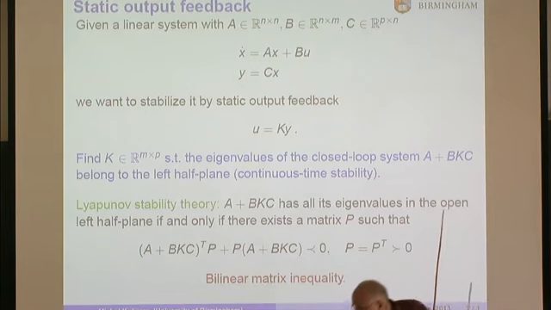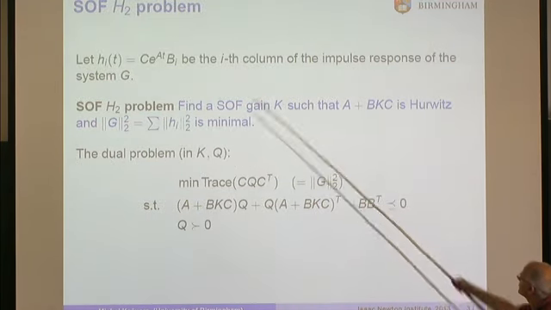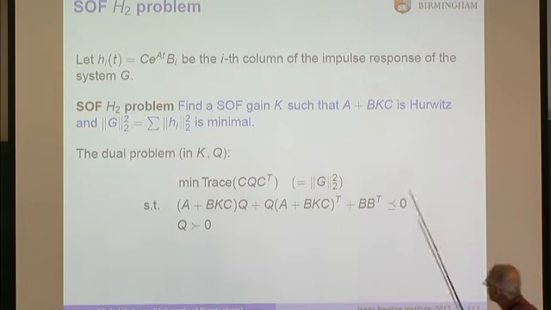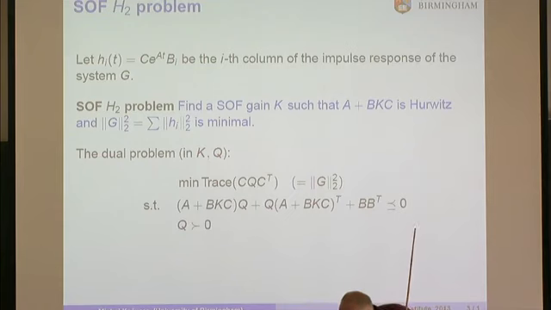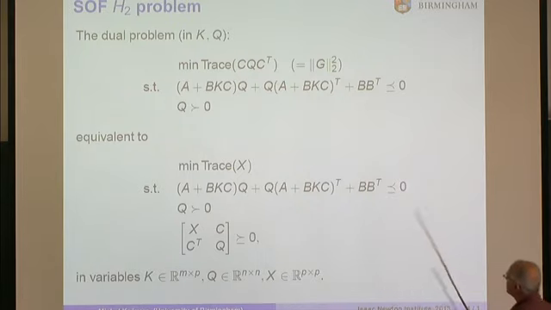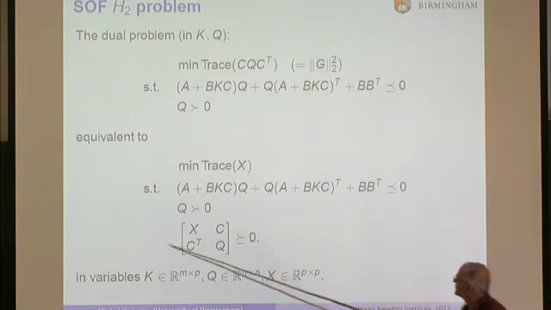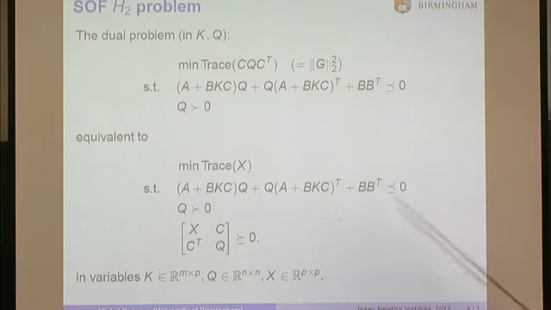And either we can treat that as a feasibility problem, or we can treat it as an H2 problem, where we just add some objective function. I just skip these details. So in the end, what we solved here was such a BMI.